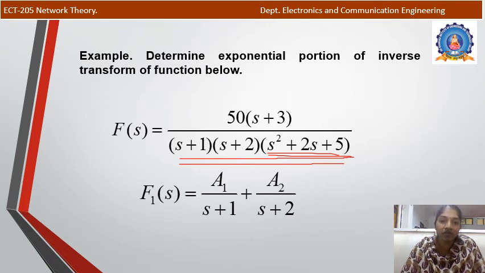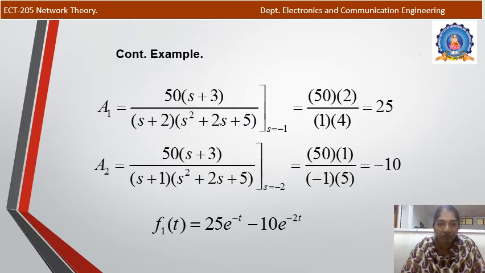So in order to do that, we can do the partial fraction in a similar way. We take F1(s) equal to a1 by s plus 1. So first we take this equation only: a1 by s plus 1 plus a2 by s plus 2. From that, a1 and a2 are found by the similar method we used in the previous problem, using equations, and we find the constant values a1 and a2.